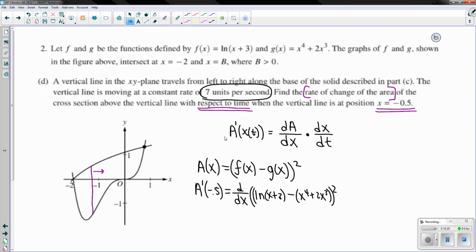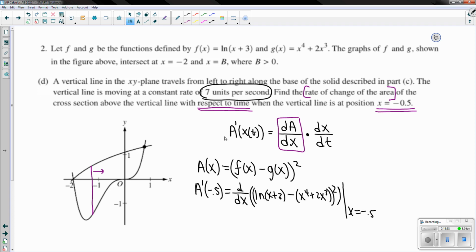Let's make sure I just have the correct number of parentheses here. Well, not dx, but evaluated at negative 0.5. So that, when evaluated at negative 0.5, is going to get us this part of the computation.